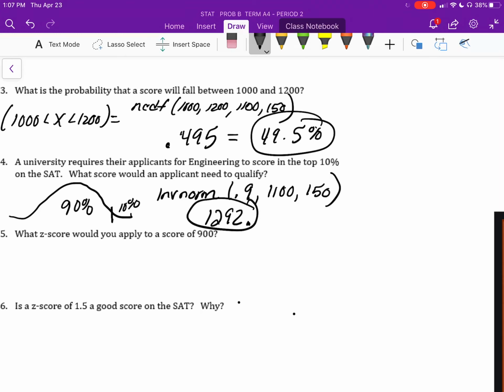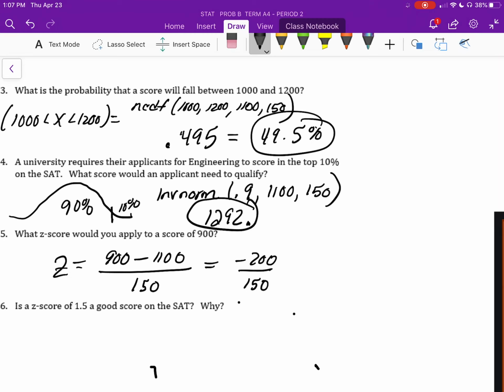Let's just do a couple more conversions. What z-score would apply to 900? Remember, to get a z-score, you just take the score minus the mean. In this case, the mean is 1,100, so you're below average and you're going to get a negative z-score, divided by 150. This looks like negative 200 divided by 150.